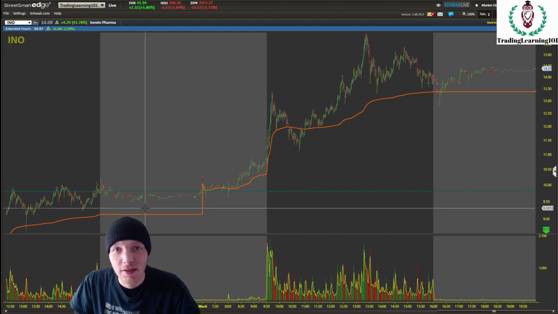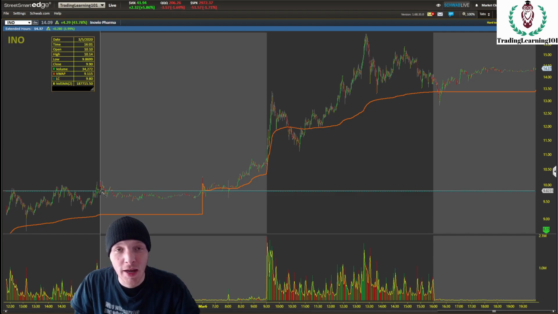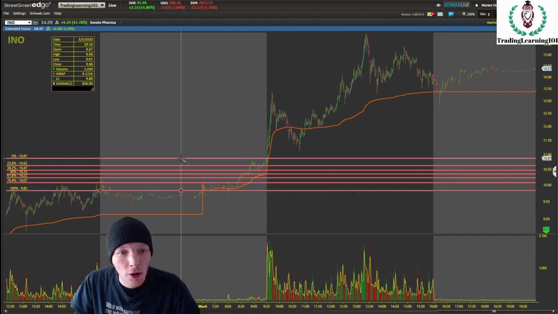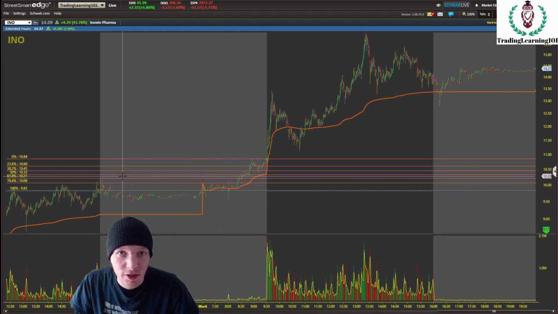So if a stock is gapping up, I'll go to my retracement and measure from the previous day's close up to the pre-market high. That way when the market opens, if we get a sell-off, I'll see if the stock has a morning panic or a morning dip, and will bounce at a key retracement level.